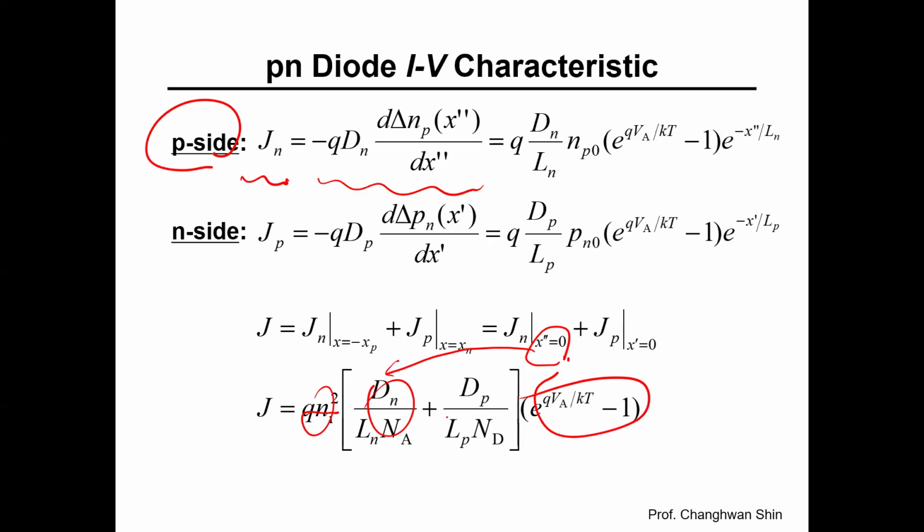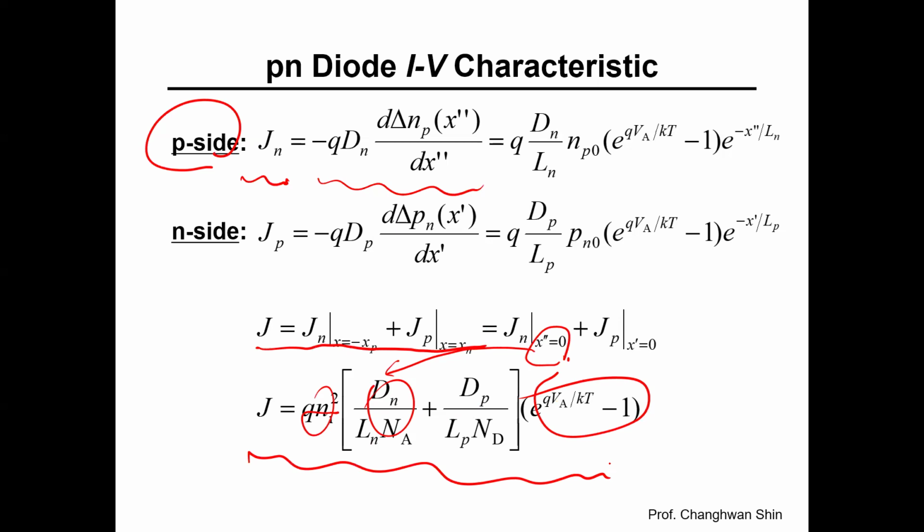The total current density is the sum of J_n plus J_p at either side of the depletion region. Substituting our earlier expressions for n_p0 and p_n0, you can get to this final equation.